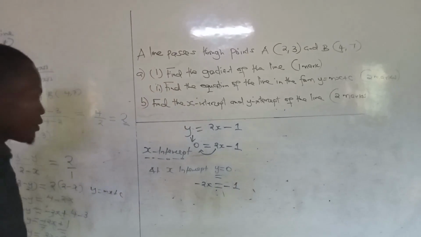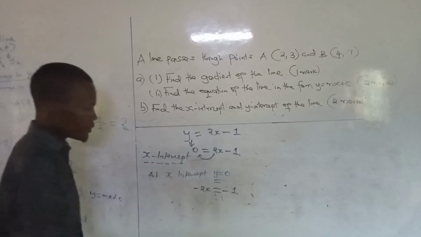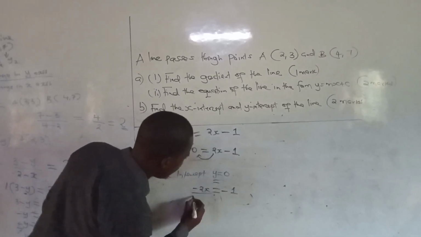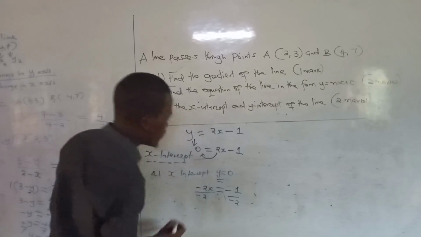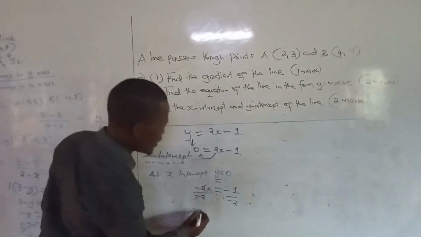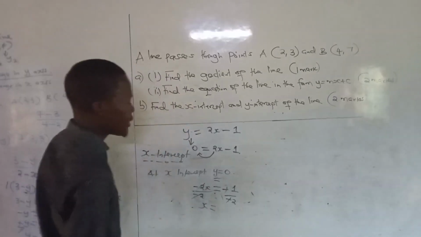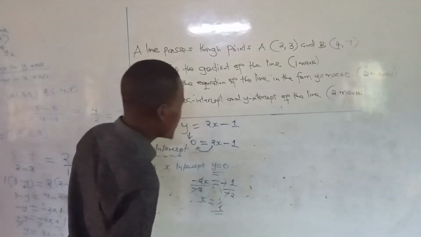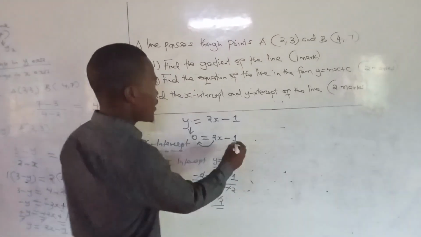We must have the value of x. So what do you do here? You divide by the coefficient of the unknown. And the coefficient of the unknown in this case is negative 2. Both sides by negative 2. Here we remain with x. A negative and a negative will cancel. And then we have 1 over 2. So our x-intercept will be a half.